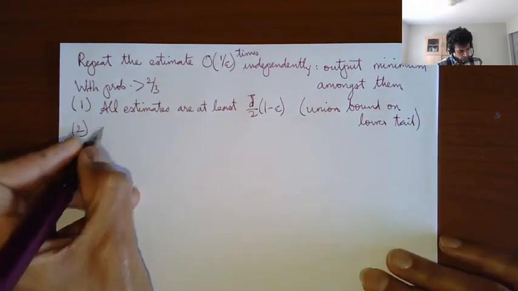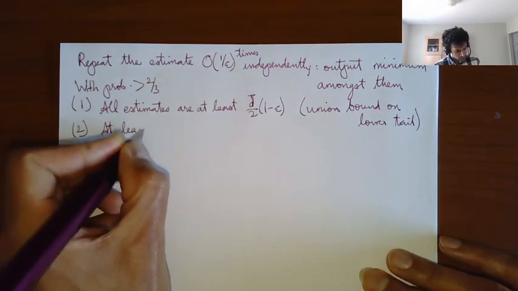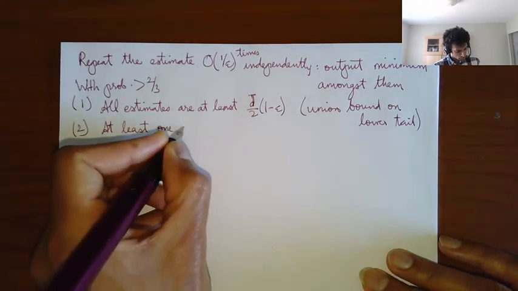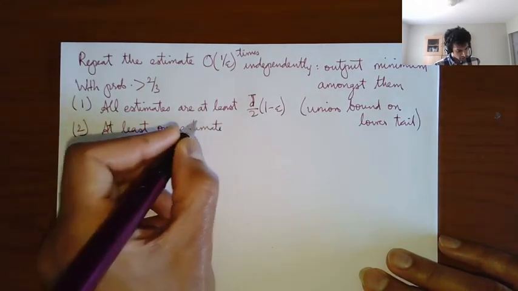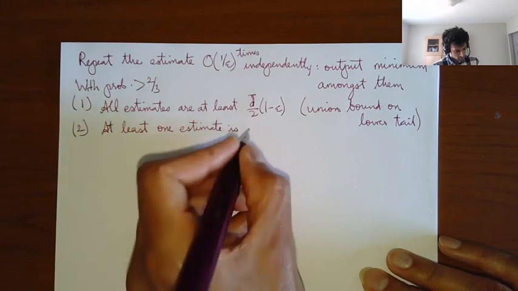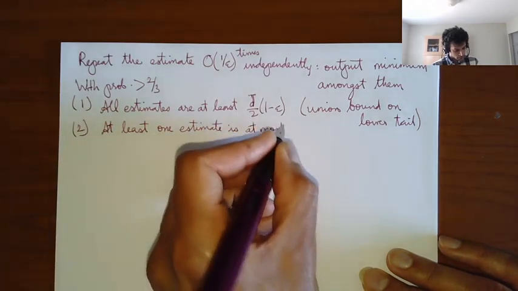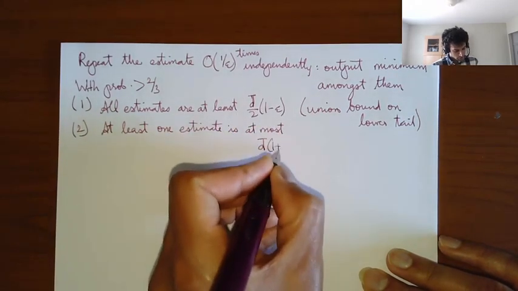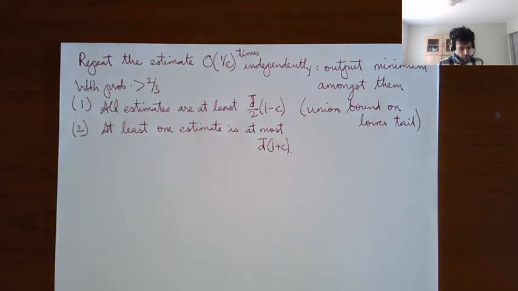But the second is at least one estimate is at most this quantity.